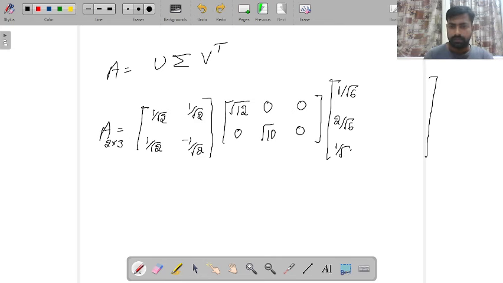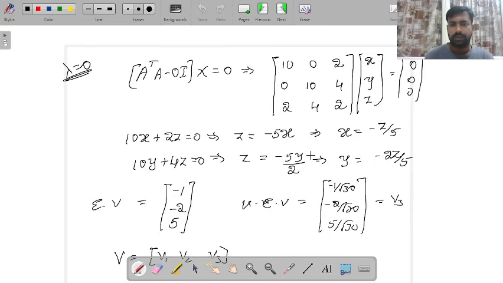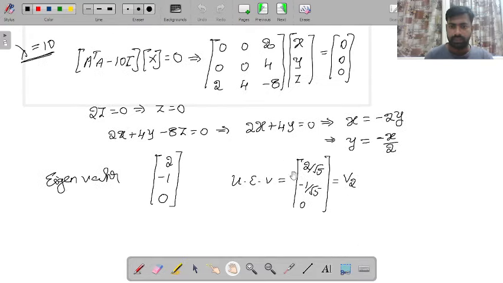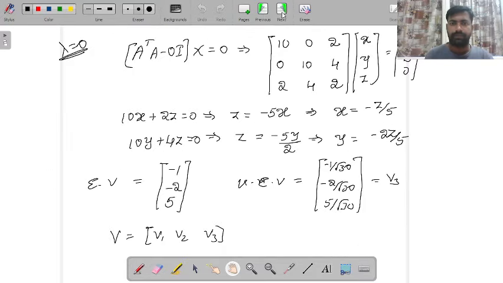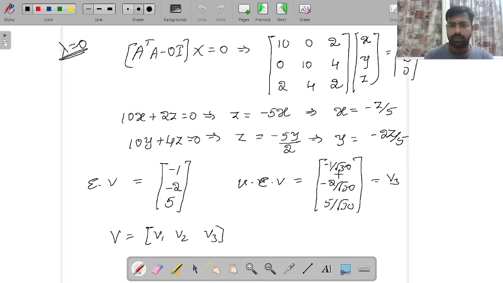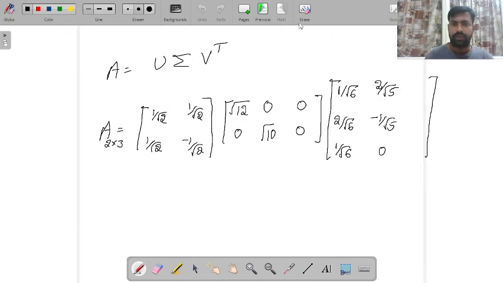And the second column of the matrix, which is 2, negative 1, 0. And the last column, which is negative 1, negative 2, 5.